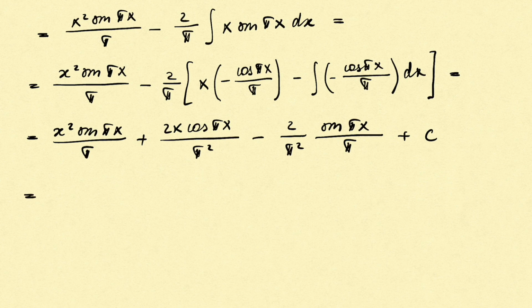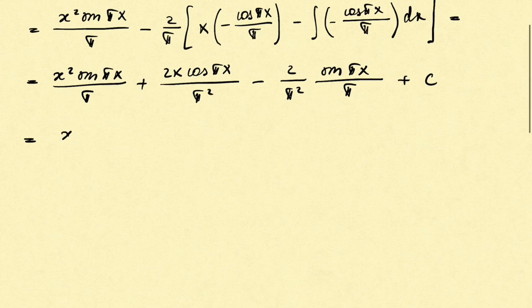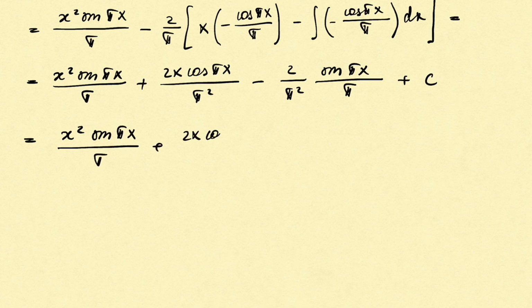Let's repeat it in a pretty way. x squared sine of pi x divided by pi plus 2x cosine of pi x divided by pi squared minus 2 sine of pi x divided by pi cubed plus some constant.